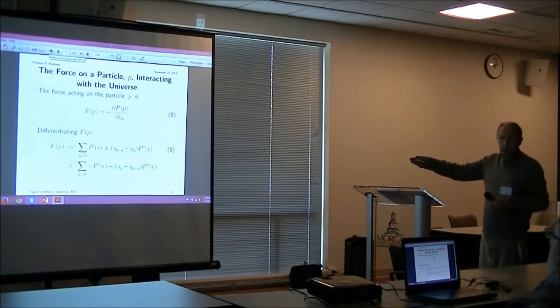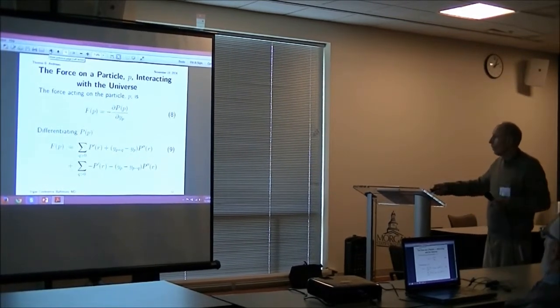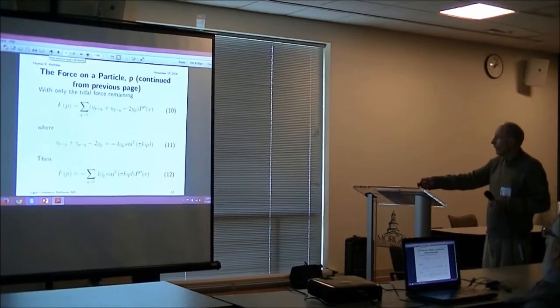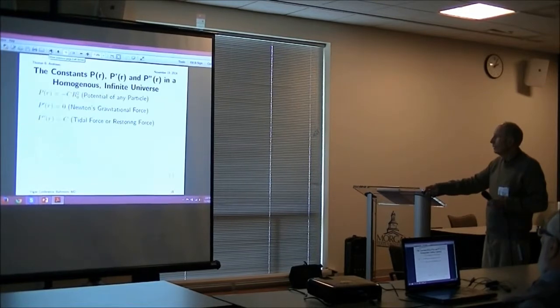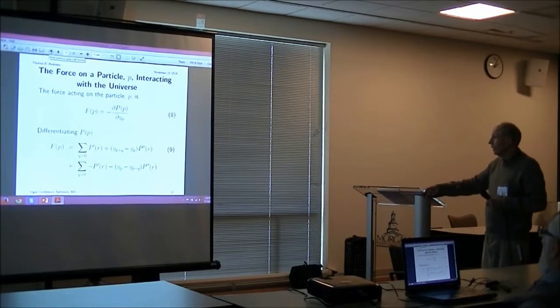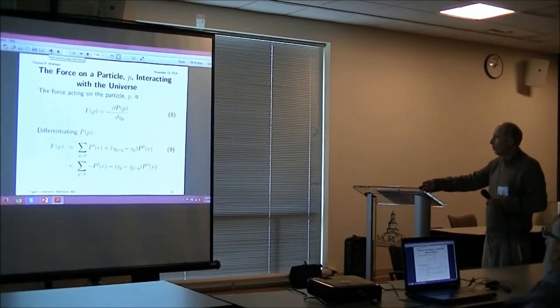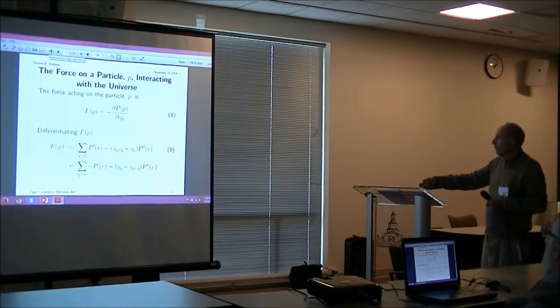So we'll get the force on a single particle that it sees when it moves a certain distance. And you see down here, I have P prime R and minus P prime R. Those cancel, and you're just left with the sum of these two terms. And I'll show you what that looks like.